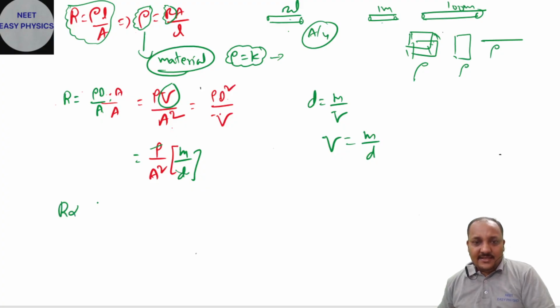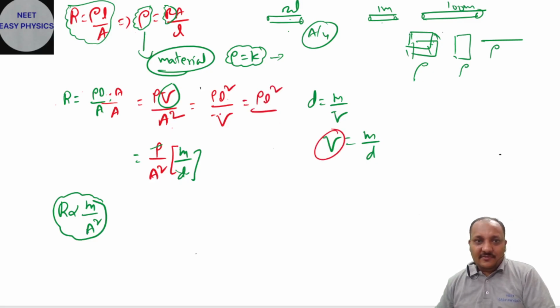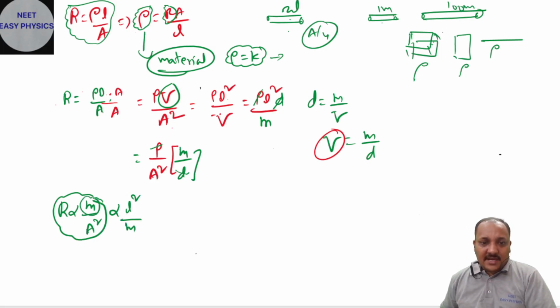Therefore, resistance is directly proportional to mass by A square. Same way, in rho L square by volume, in place of volume we can write M by D. Rho is constant, D is constant. Now in this case, it is L square by M. So the mass term comes in the numerator if area is in the denominator.